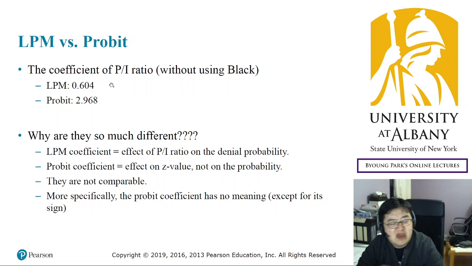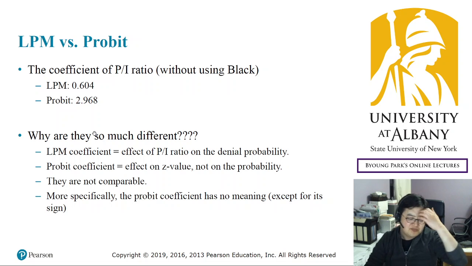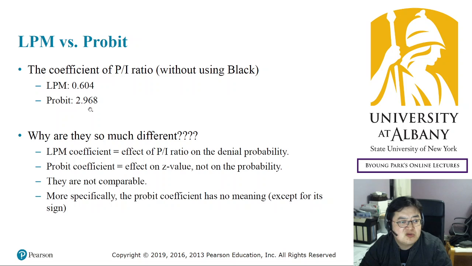So in the earlier slides, the linear probability model using pi ratio without black, the single regressor case, had a coefficient of 0.604. But in the probit model, the coefficient was 2.968. The problem here is there is too big a difference.